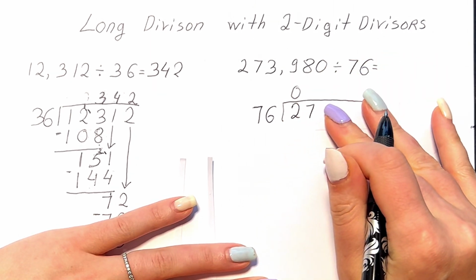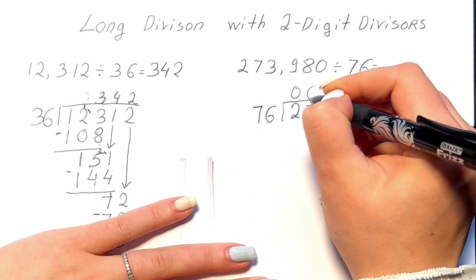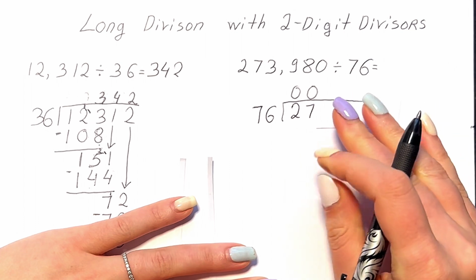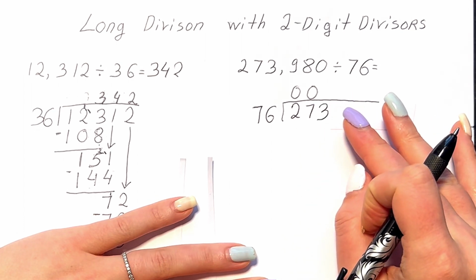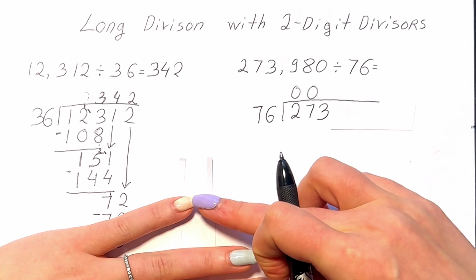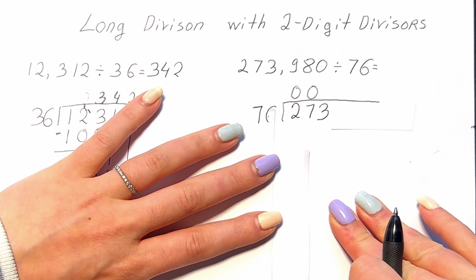Let's bring the next digit. 76 goes to 27 0 times. Okay, let's bring the next digit. 76 goes to 273. I'm gonna again cover the last digits.